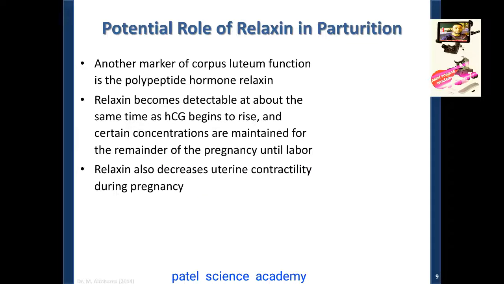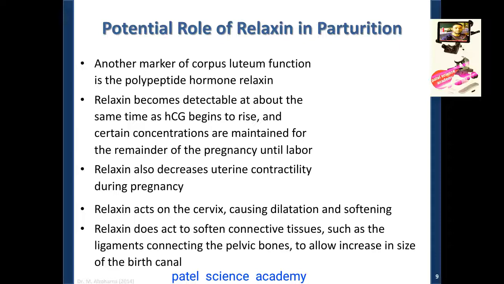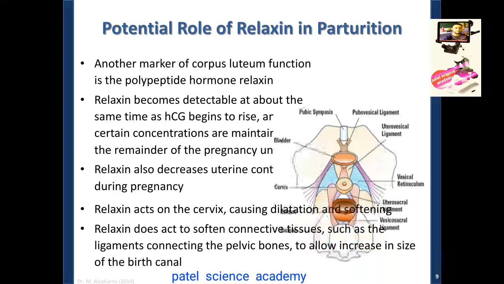Relaxin also decreases uterine contractility during pregnancy, and relaxin acts on the cervix, causing dilatation and softening. Relaxin does act to soften the connective tissue, such as the ligaments connecting the pelvic bones, to allow an increase in the size of the birth canal.